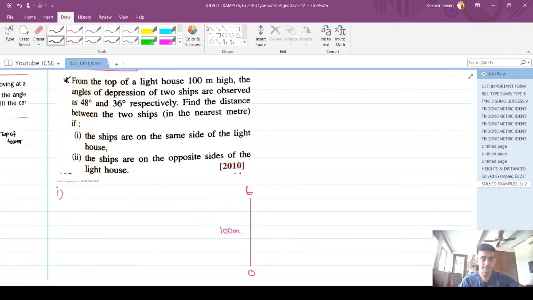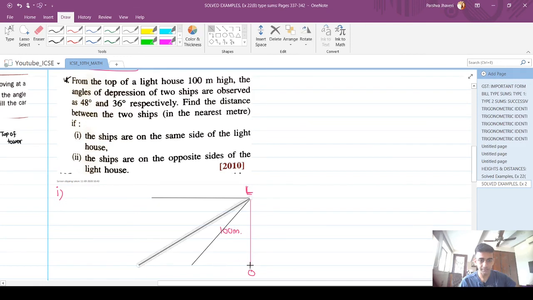So part 1. We'll make our horizontal because the observer is standing at the top of the lighthouse. The first ship is at some distance, let's say 48 here, and the next ship is somewhere over here at 36. They've told us these are angles of depression, so in your diagram, make sure you mark it up top over here.